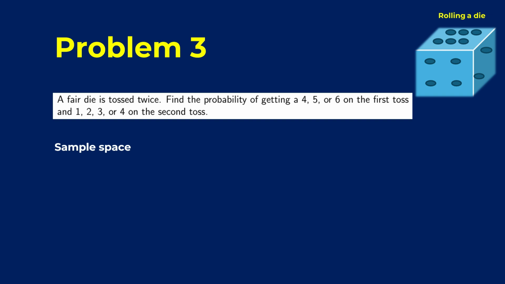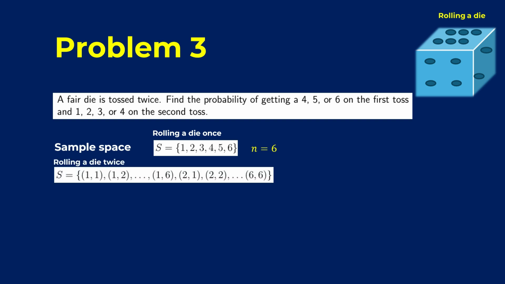Previously, we have seen that the sample space for a single toss of a die consists of numbers from 1 to 6. So there are 6 elements in this sample space. We have also seen that the sample space for the case when a die is rolled twice, which is the case in this example, consists of 36 elements where, for example, the first element shows a pair representing the outcome of the first toss and the second toss, which in both cases is 1.